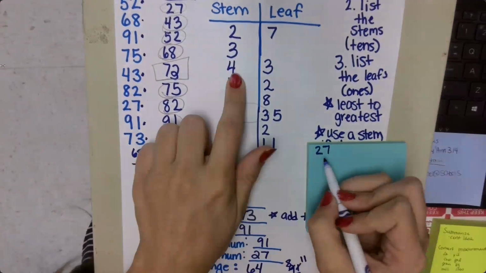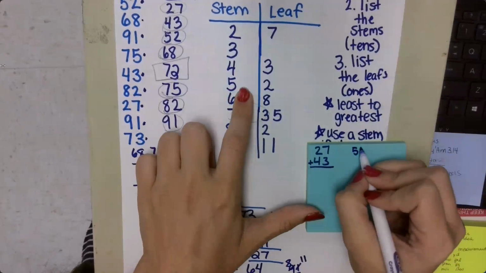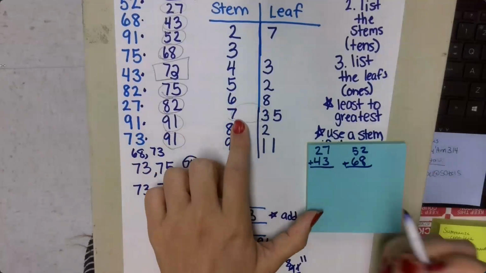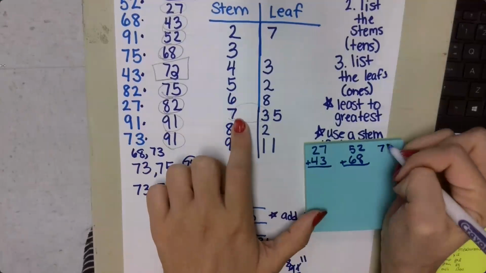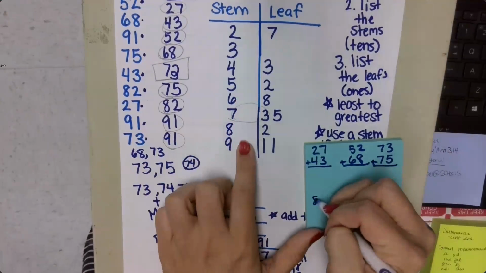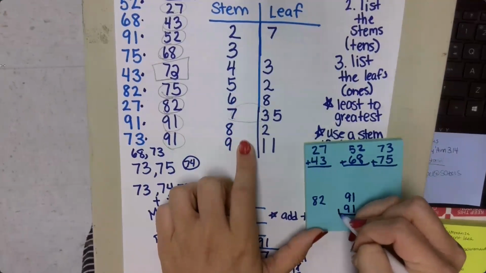So I'm going to use a side sticky note here so I can start adding up my data points. I'm going to add 27 and 43. I'm going to add 52 and 68. Luckily, some of these are compatible numbers already. 73 and 75. 82, I'll keep by itself because I'll add 91 and 91.